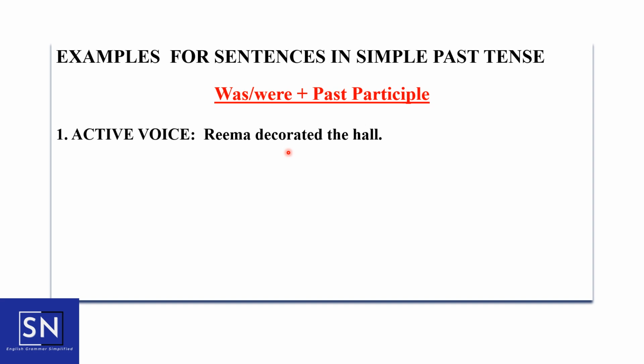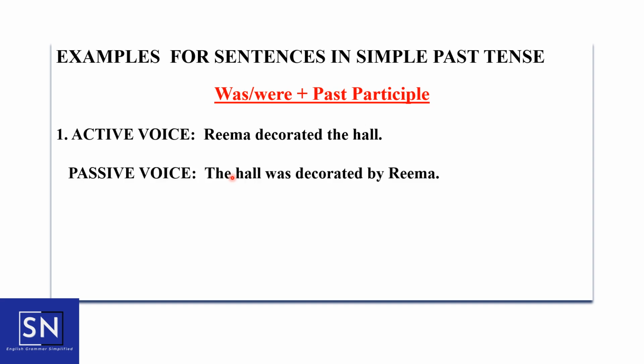So let's start with the rules. The hall will become subject, Rima will become object. So the hall was decorated by Rima. The helping verb here is was. Here is the answer: the hall was decorated by Rima.